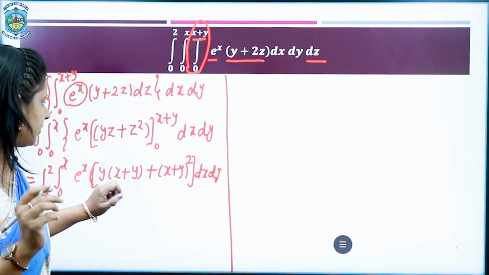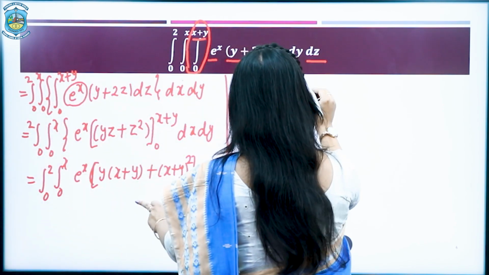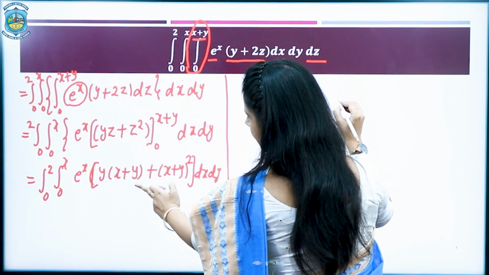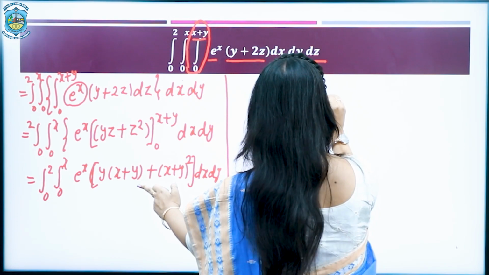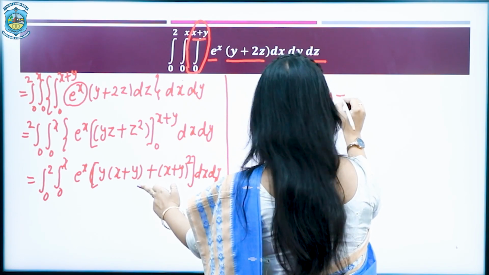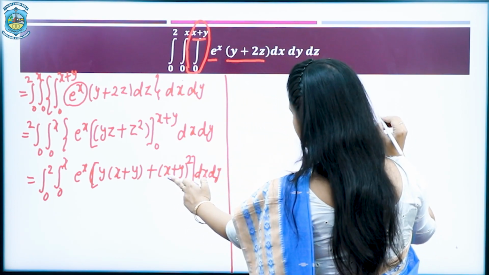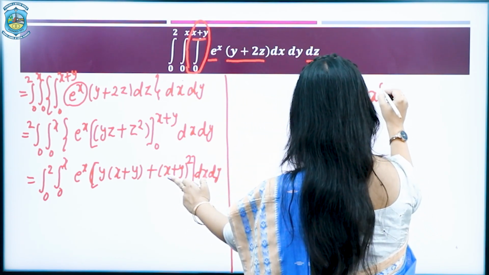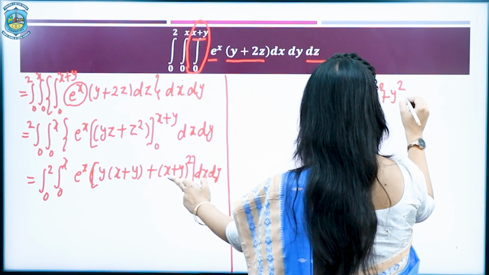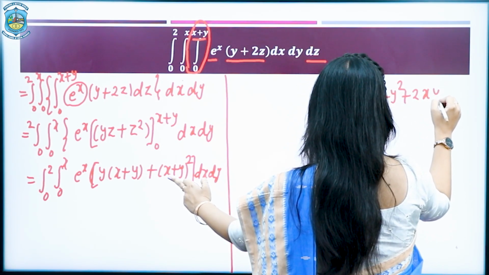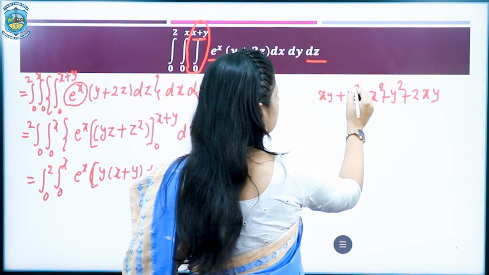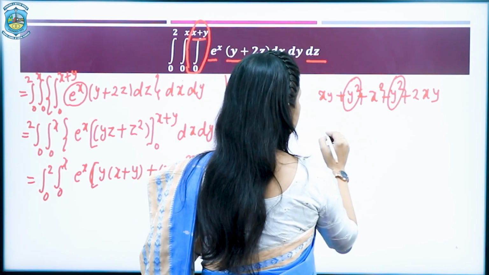Now we will simplify this term. When we multiply y with x plus y, we will get xy plus y square. When we open this whole square, we will get x square plus y square plus 2xy. So on solving, we will add these two y square.